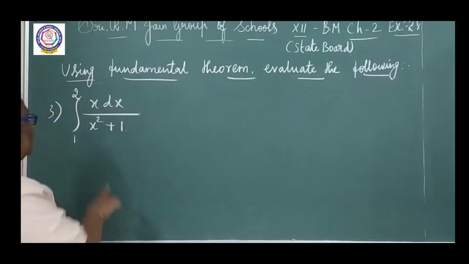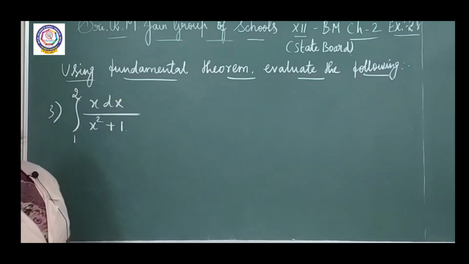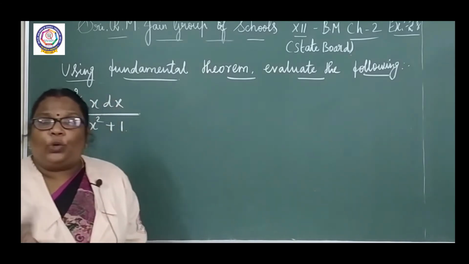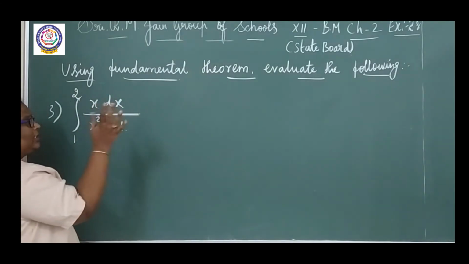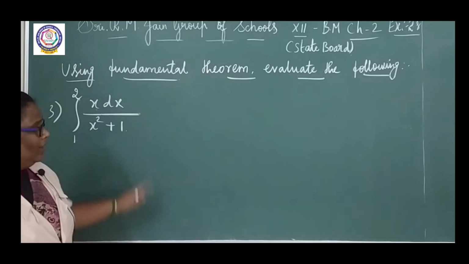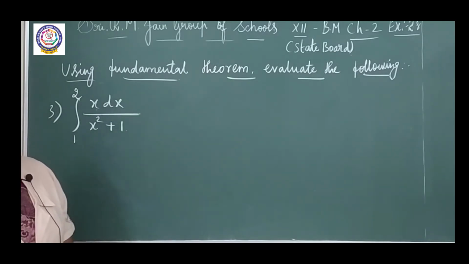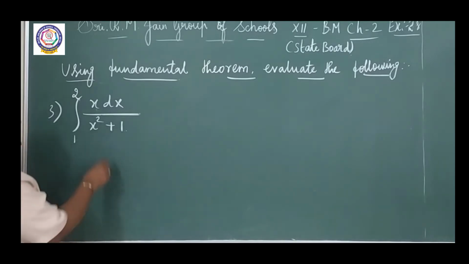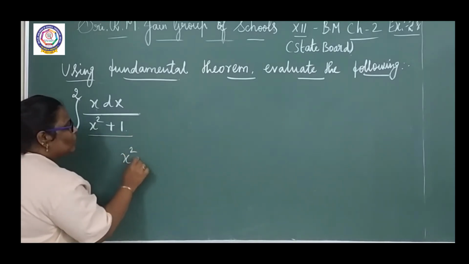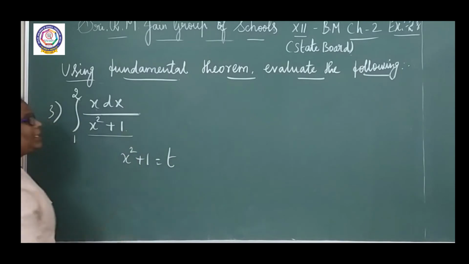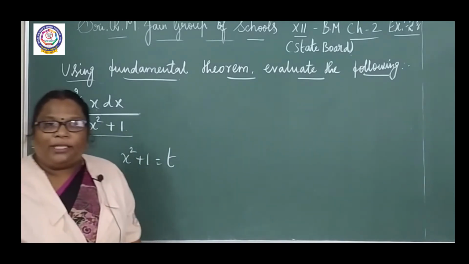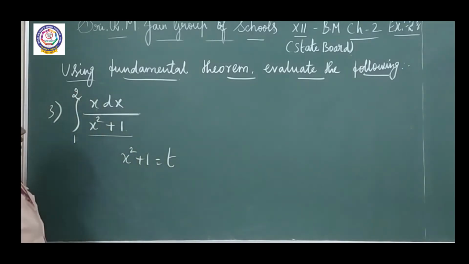See here, what is the differentiation of x square? 2x. You neglect that constant term, but x is there. What is differentiation of 1? 0, because it is constant. So you can take x square plus 1 equal to t.